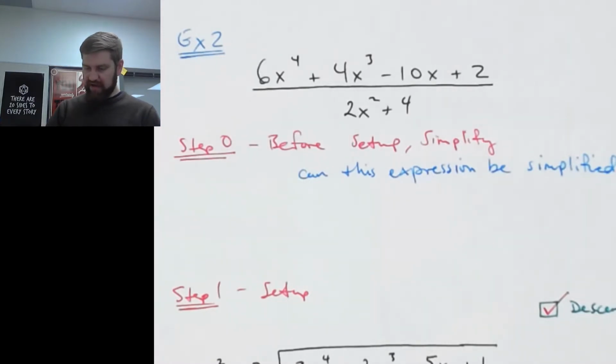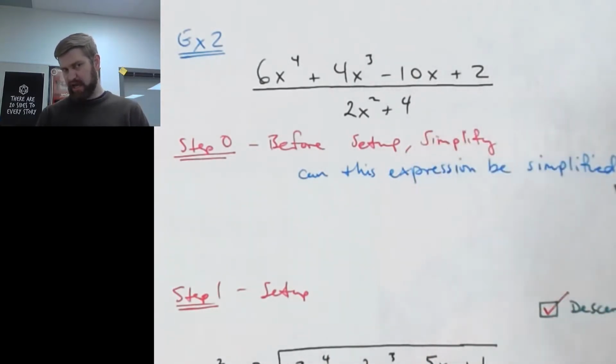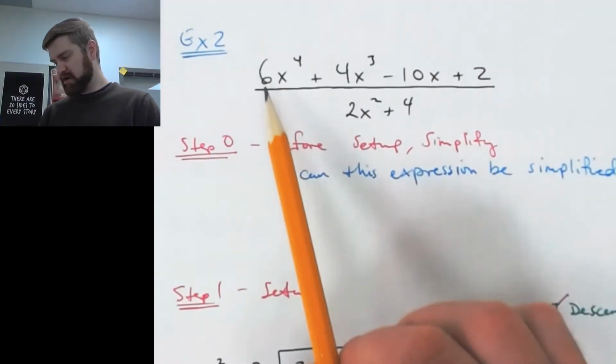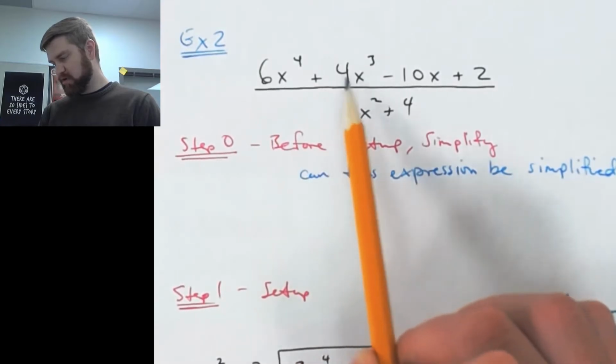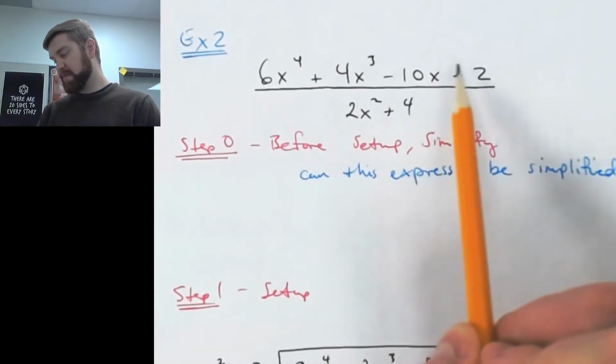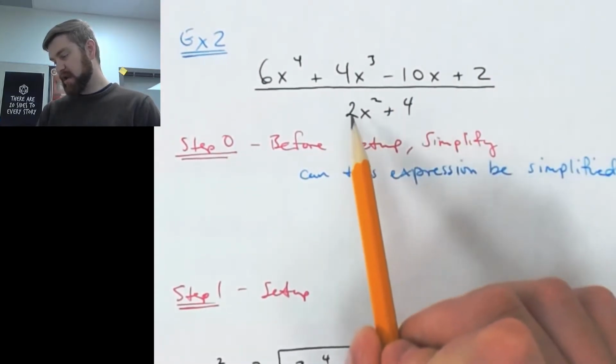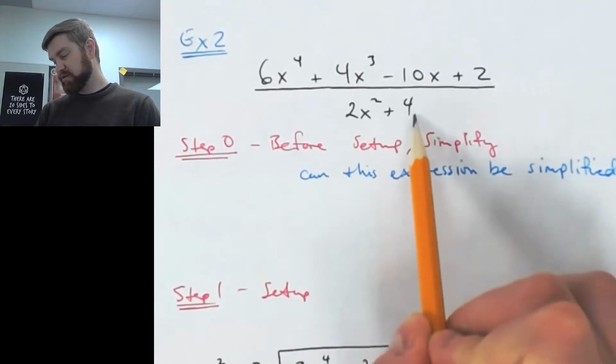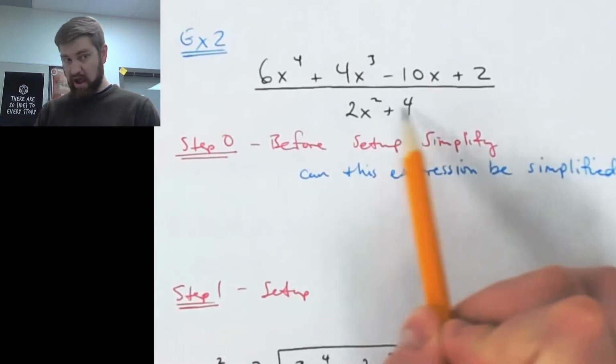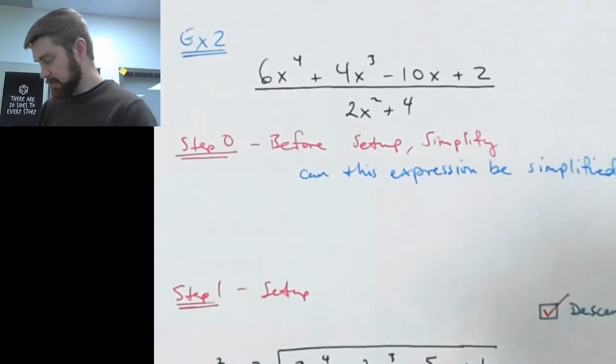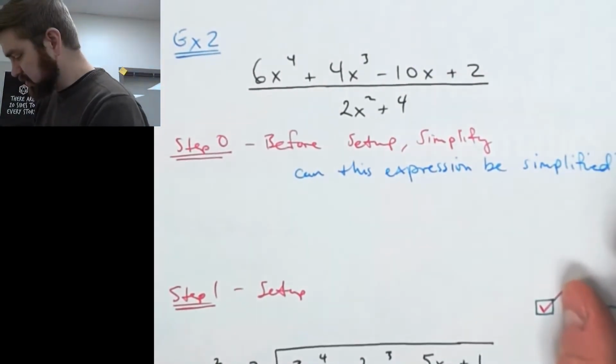And so whenever we have a polynomial question, whether it's a simple one or something harder, let's try pulling out common factors first, right? You should see that the numerator has 4 coefficients here. They all happen to be even. And if we look at the bottom here, they have 2 coefficients. They all happen to be even.